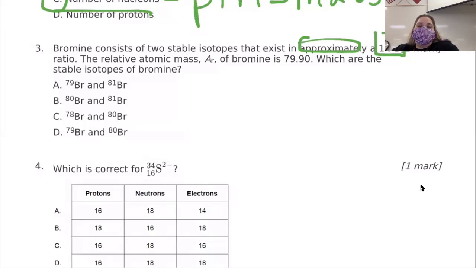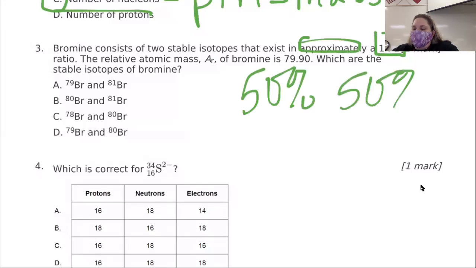So if they're 1-to-1, that means that they're each about 50%, right? Because that's half of 100%. So what they're telling us is that if they're almost equal, it should be a 50-50 split. And so if we average, we really would do it like a normal average, right? We would add them up and divide by 2 if they're all split 50-50.